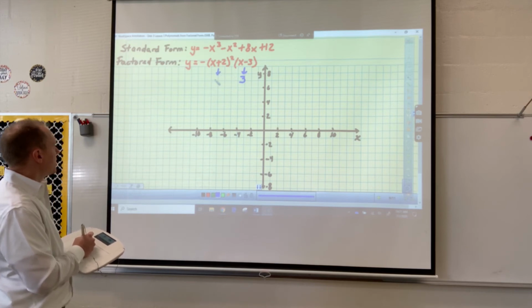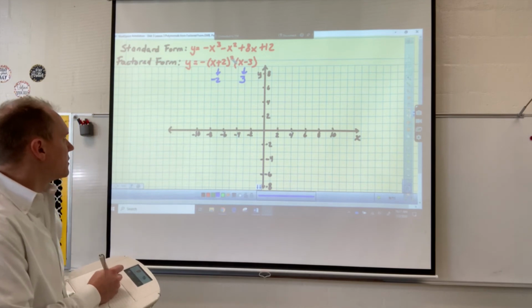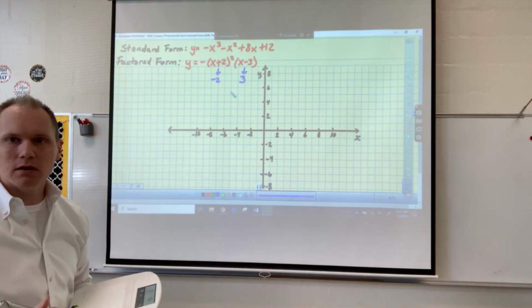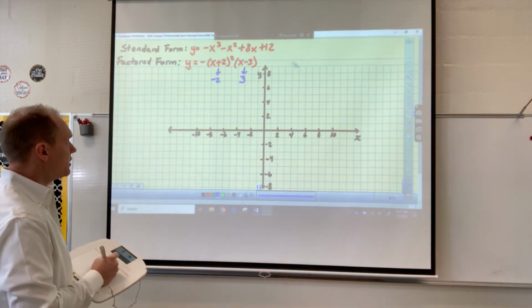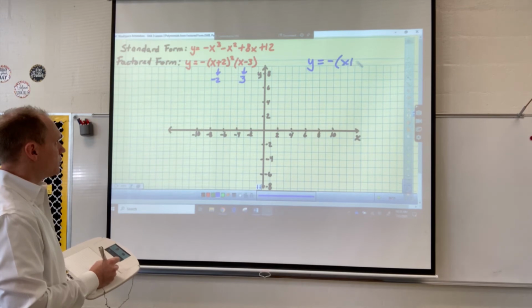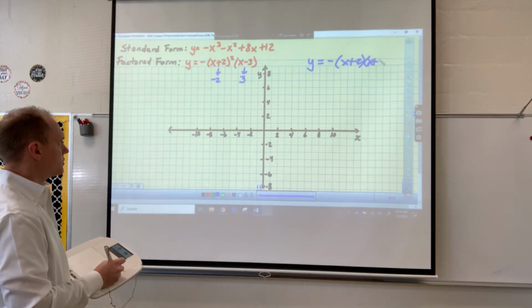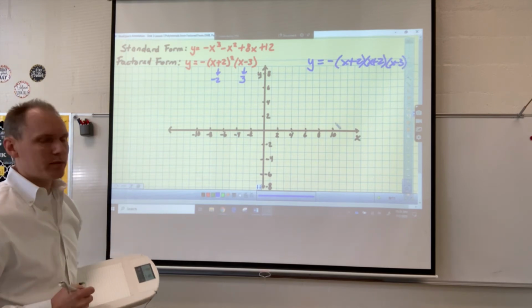And this one, negative 2. But if you notice, this factor is squared, meaning we're taking that factor and multiplying it by itself. So another way to write this function is negative, x plus 2, times x plus 2, times x minus 3. That would be an equivalent way.